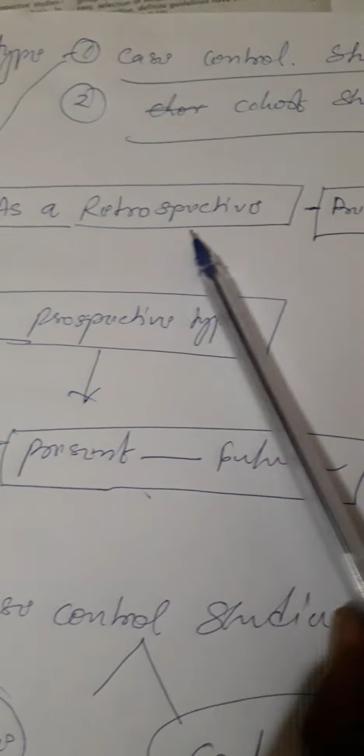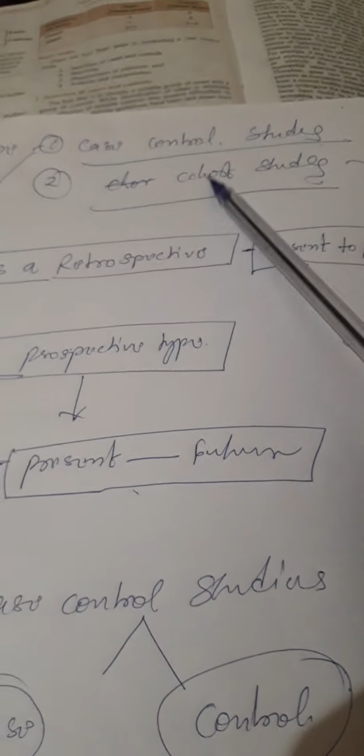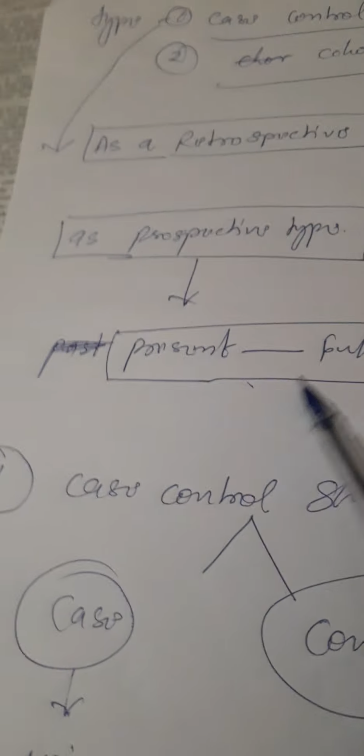Suppose we have some samples and we ask about the past history, whatever the condition was. Then the cohort study represents the prospective type. Prospective means present to the future. Suppose we already know about the correlation in the hypothesis between lung cancer and its cause.